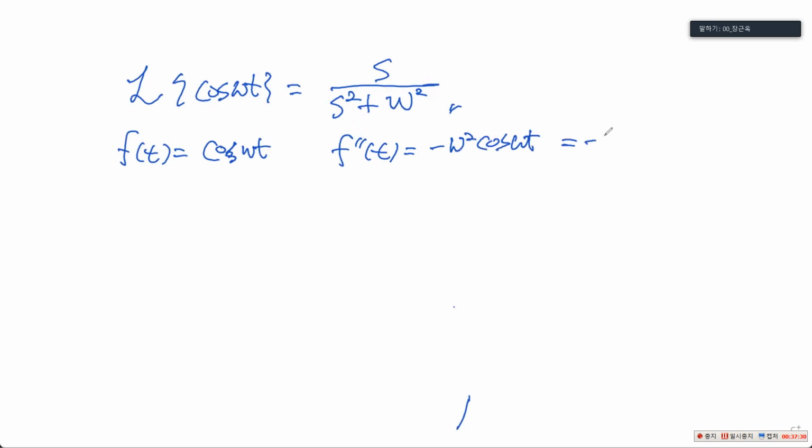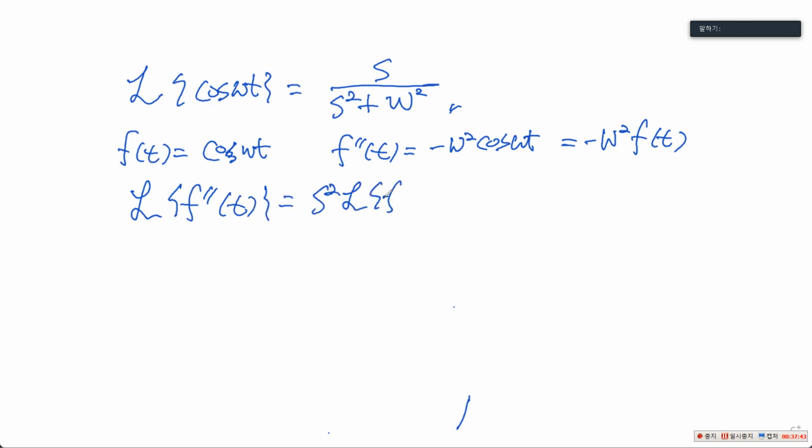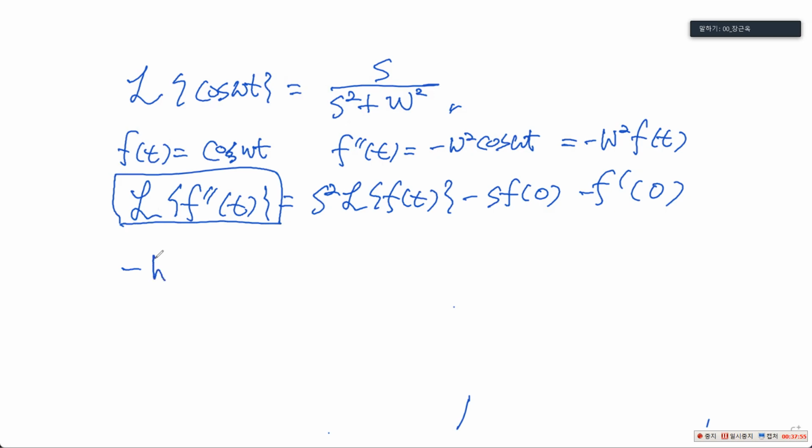Okay, so it gives minus omega square F(t). L of f double prime t, by the formula, we have s square F(s) minus s f(0) minus f prime(0). And we know that it is minus omega square F(t), that is, s square F(s).